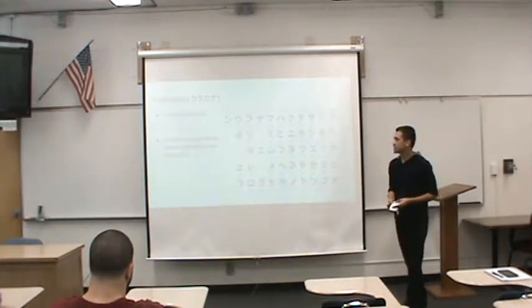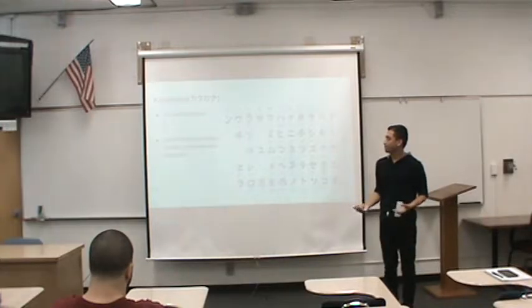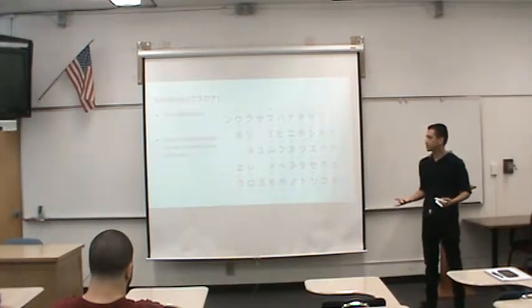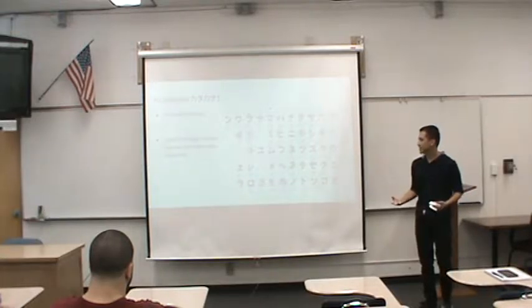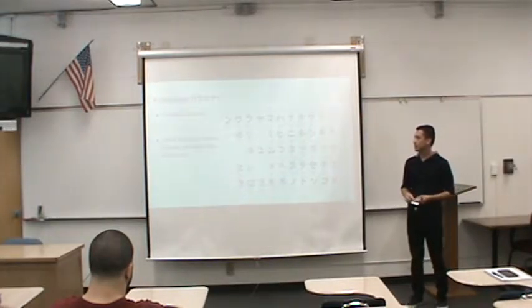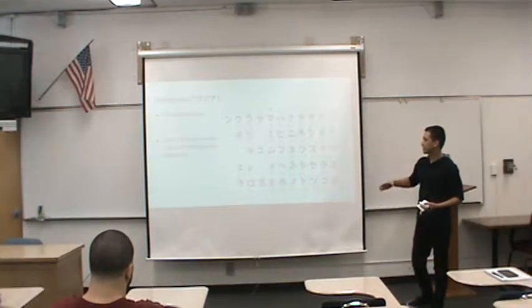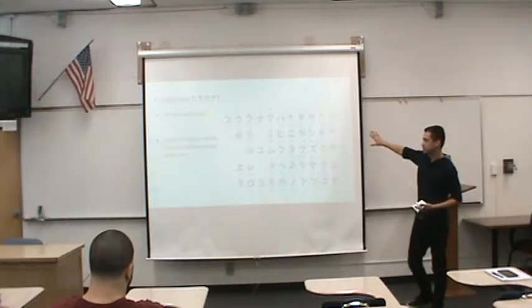Next, we have the writing system katakana. This is also based off of phonetics and syllables, and it is also derived, as I failed to mention previously, from the Chinese character representations that are the kanji.